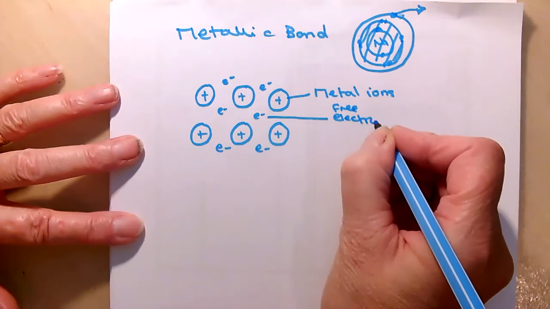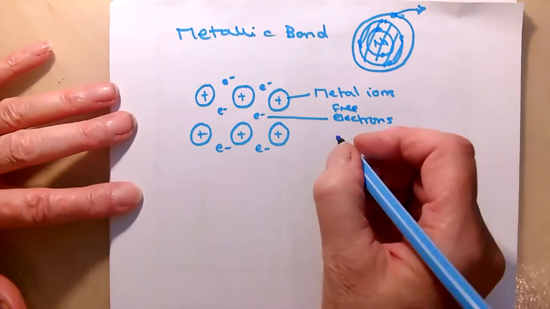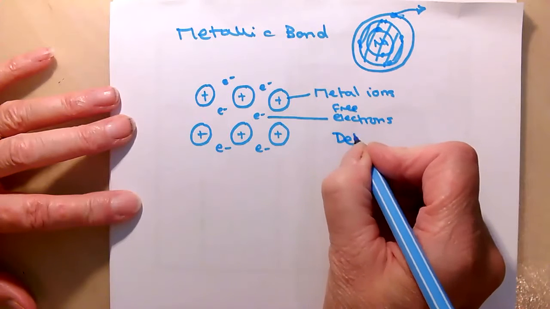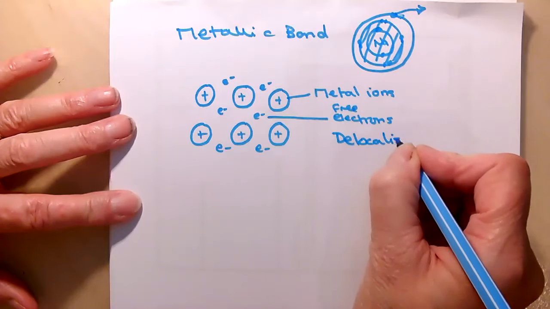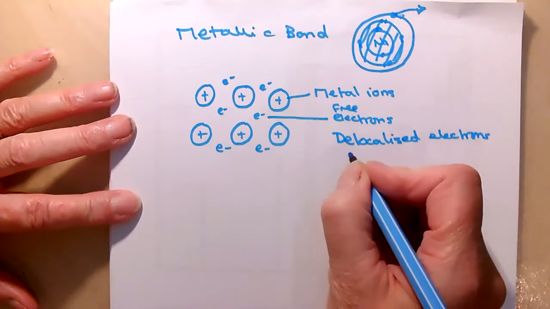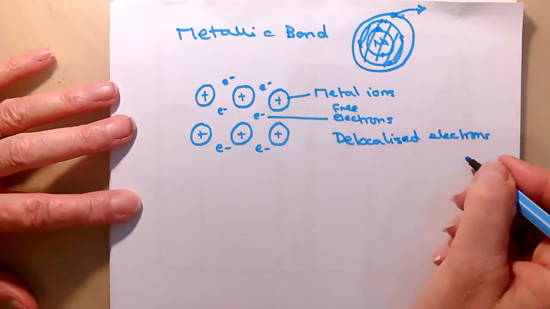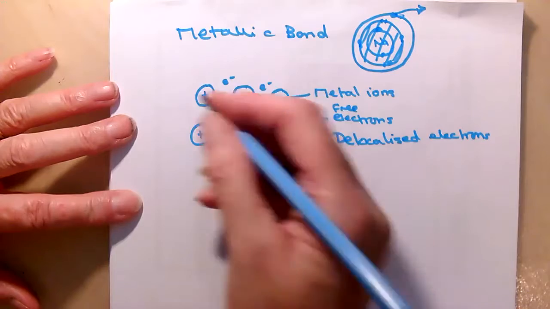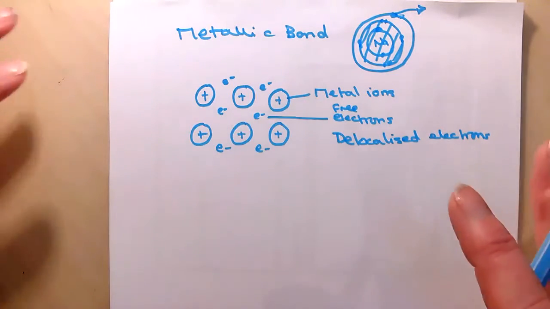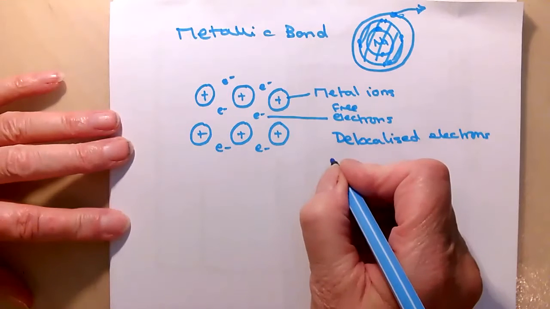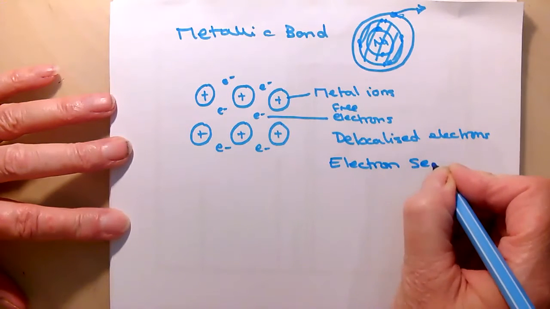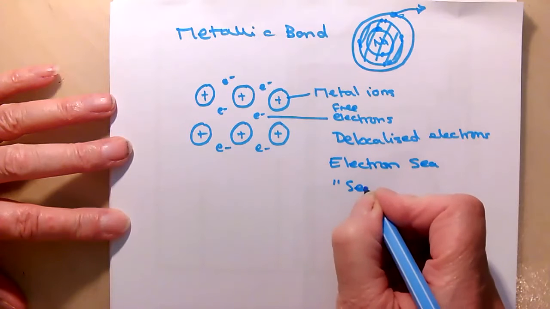They can move in this structure, but because they're not associated with any of the atoms, we call them delocalized electrons, and they're free to move. This whole structure, where we see all of these electrons in all of these gaps, we think of as a sea, and we call it the electron sea, or even the sea of electrons.